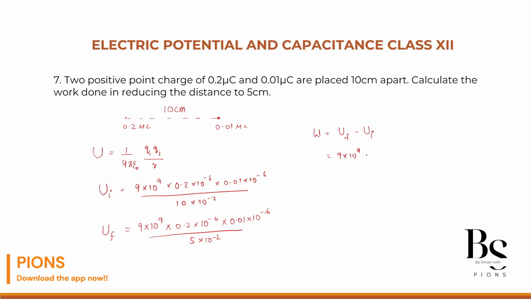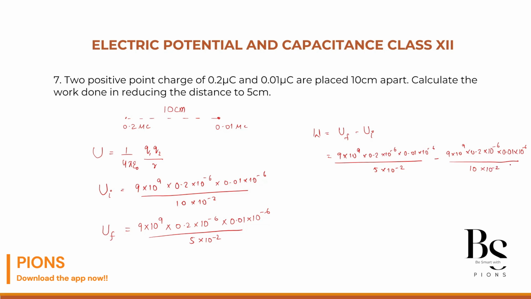9 into 10 to the power 9, 0.2 into 10 to the power minus 6, 0.01 into 10 to the power minus 6 whole divided by 5 into 10 to the power minus 2. Subtracting here 9 into 10 to the power 9, 0.2 into 10 to the power minus 6, 0.01 into 10 to the power minus 6, whole divided by the separation, which is 10 centimeter, 10 into 10 to the power minus 2.